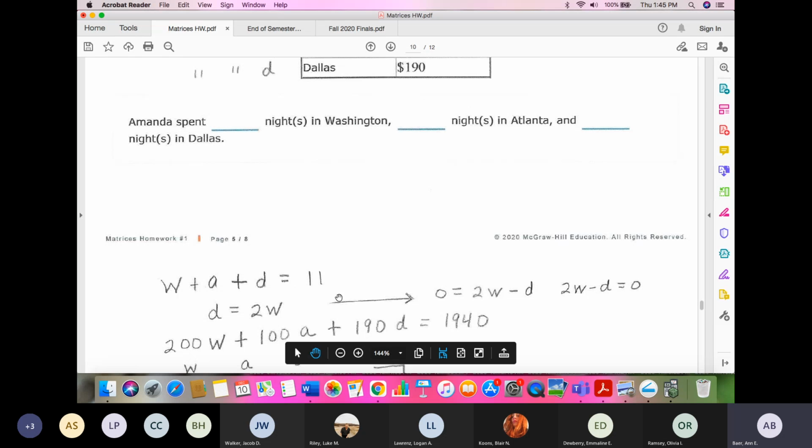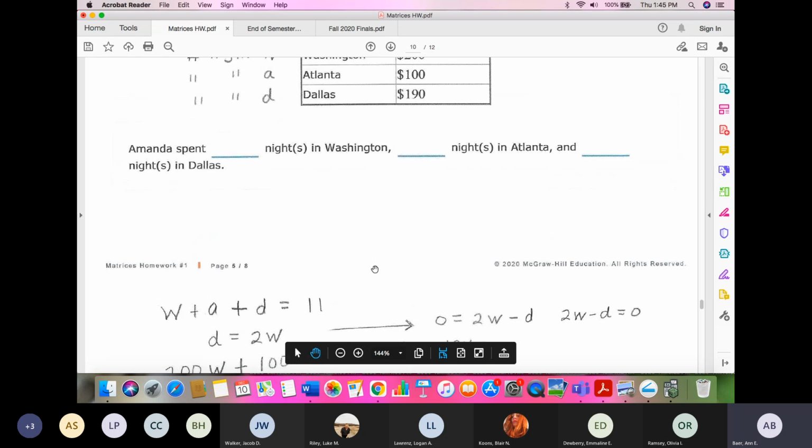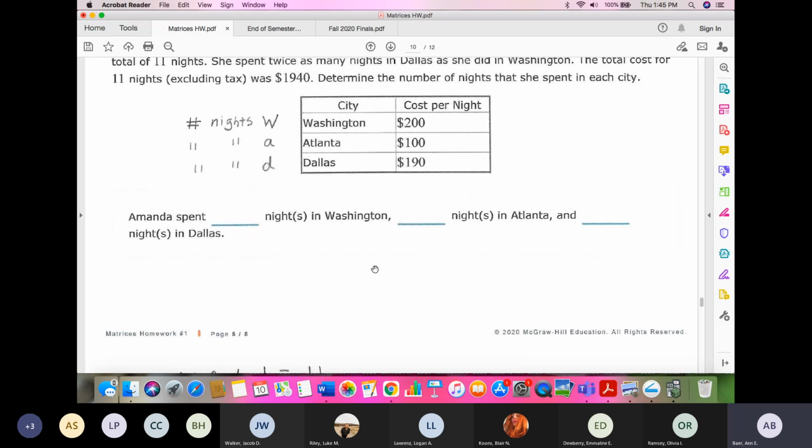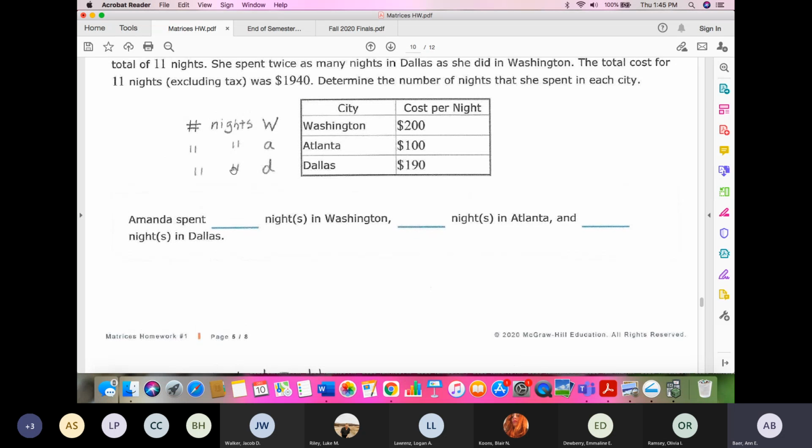If you're looking here, notice they took W plus A plus D equals 11. And why did they do that? Because if we look at the number of nights, let's let W be the number of nights she spent in Washington, A be the number of nights she spent in Atlanta, and D be the number of nights she spent in Dallas.